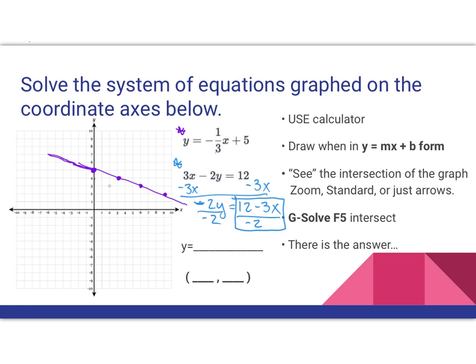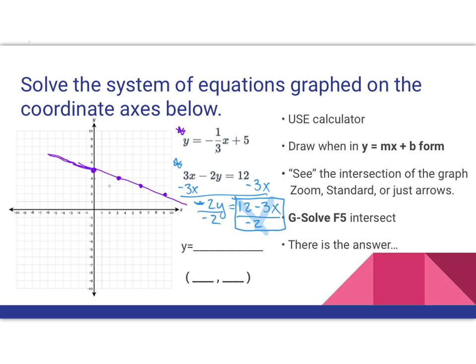If I was doing this on paper and getting it onto Delta, I might want it to look more in that y equals mx plus b form, which means I'm going to divide in that direction and this direction. The negative 2 divides both of them.